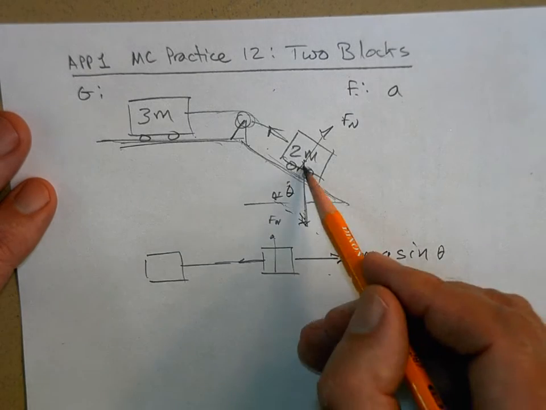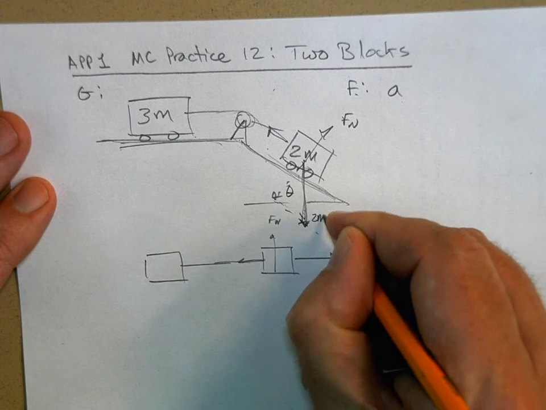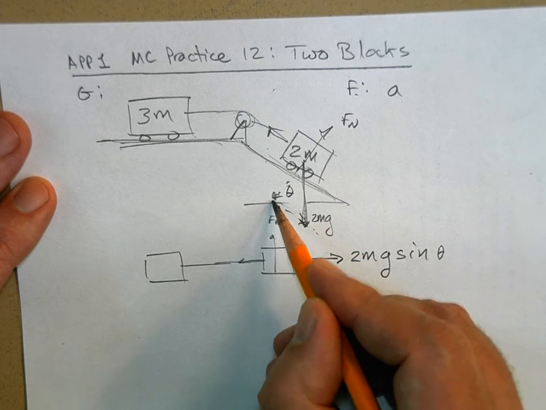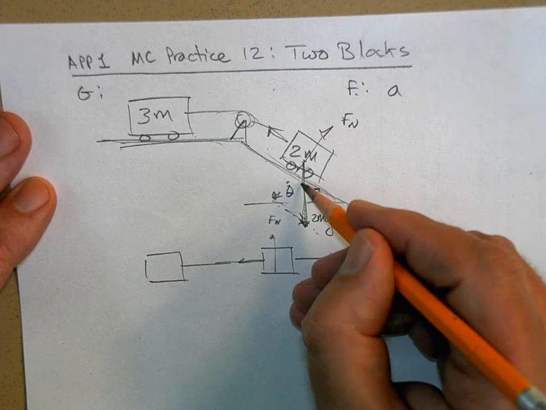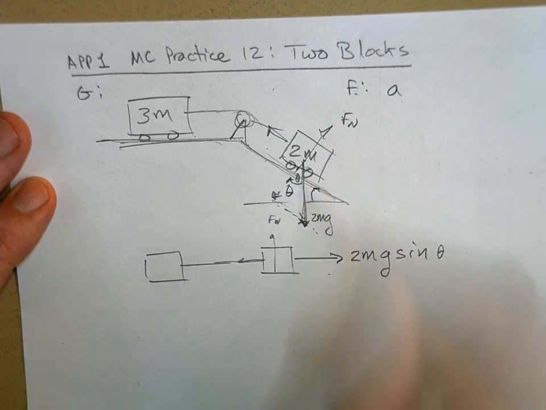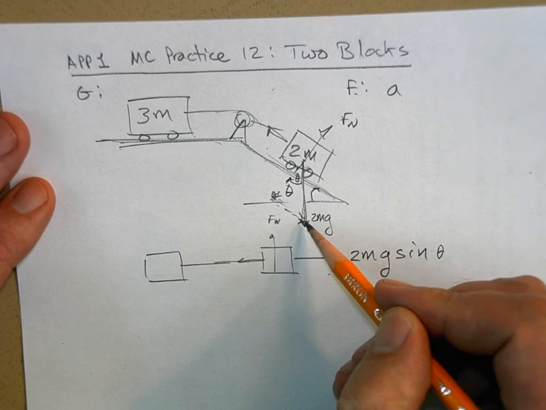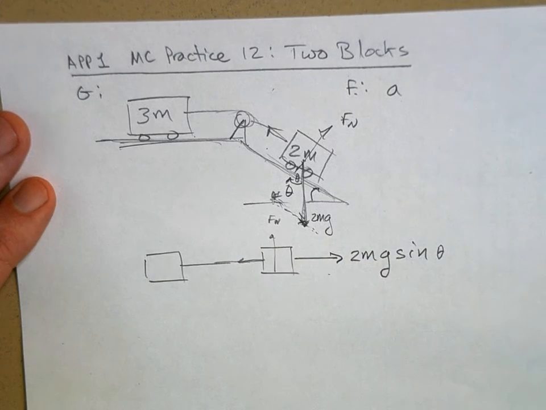Look, you got to take this gravity force, mg, well, it's really 2mg, right? And we got to break it up into its normal component and its parallel component. Well, if this has been inclined up theta, then theta is right here. And so this is the opposite leg. When you break that force into its components, you get that.